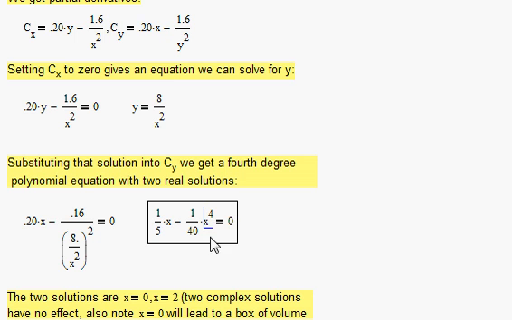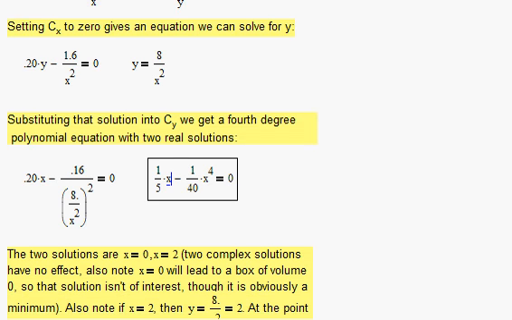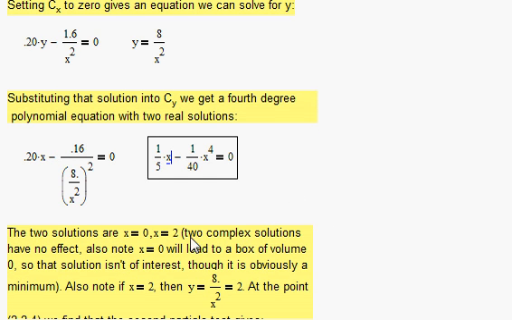If you multiply both by 40 and factor out an x, I think you get something like x cubed minus 8 equals 0, and so therefore x could be equal to 2. And of course, since we factored out an x, x equals 0 is another solution. But 0 is out, right? We forget that one. You also get two complex number solutions, but they don't have any effect.